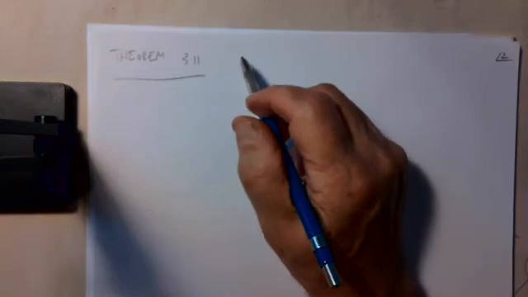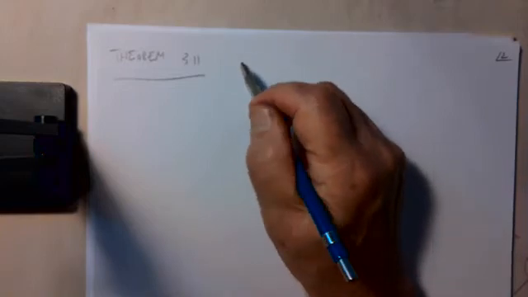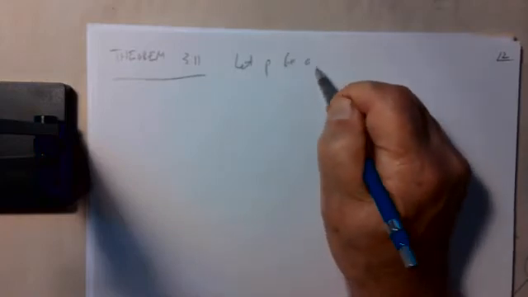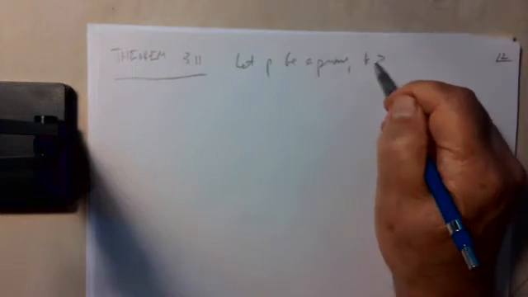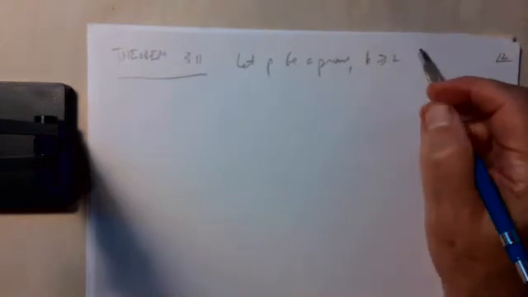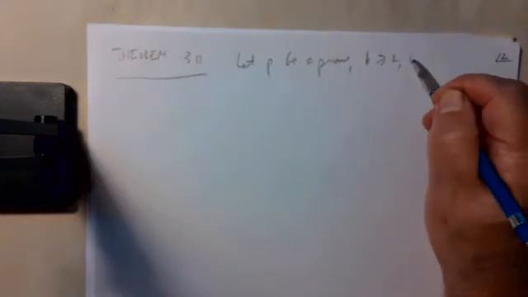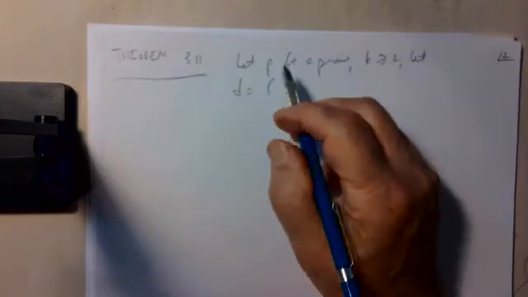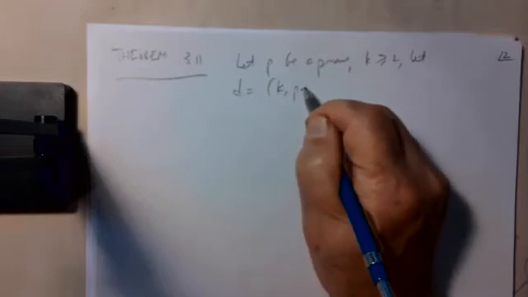And we're just going to look at moduli that are prime. So let P be a prime number. K, that's going to be the kth power we're looking at. And we define D to be the greatest common divisor of K and P minus 1.